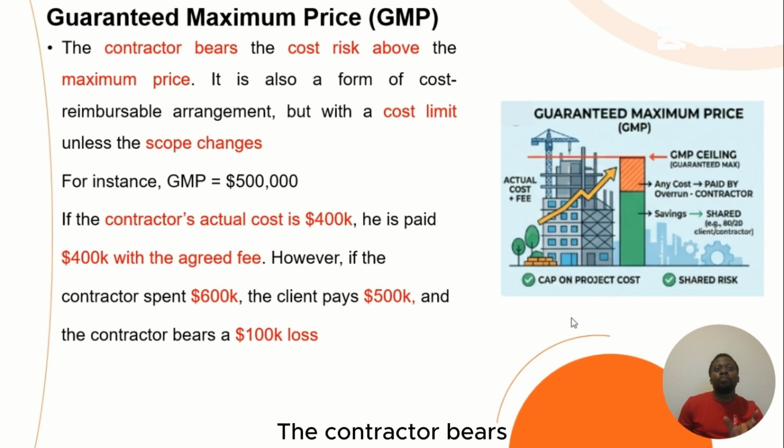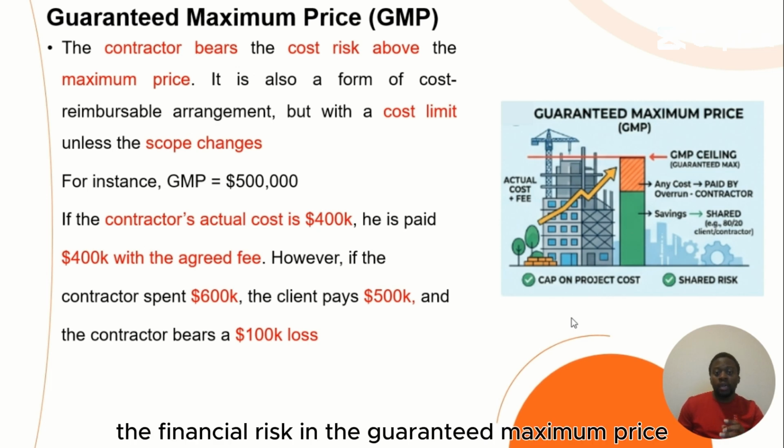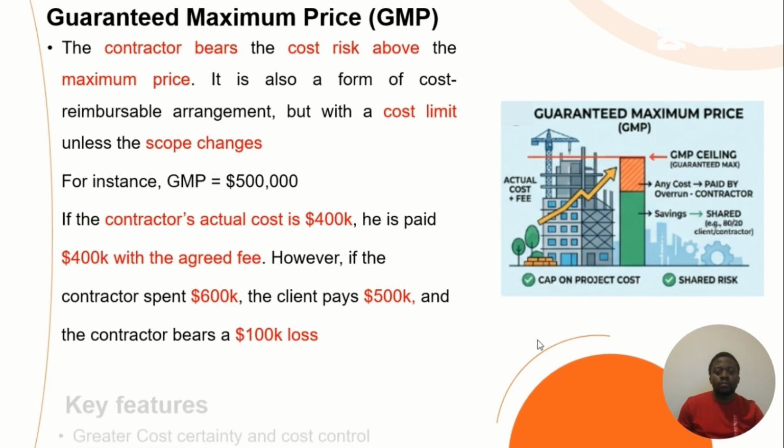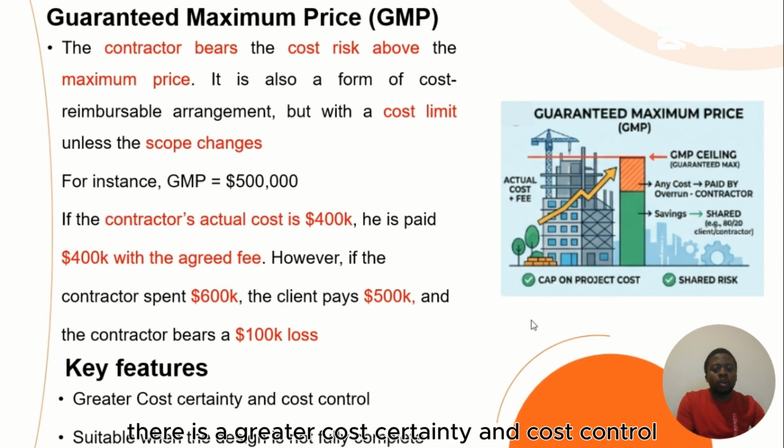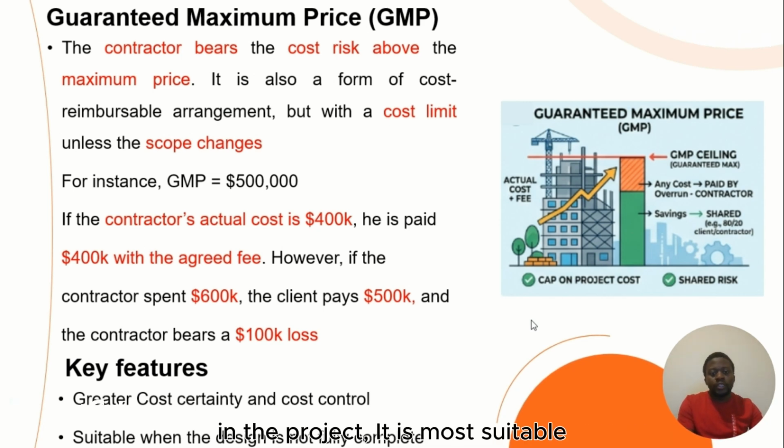The contractor bears the financial risk in the guaranteed maximum price. So what are the key features here? There is greater cost certainty and cost control in the project. It's most suitable when the design is not fully complete.